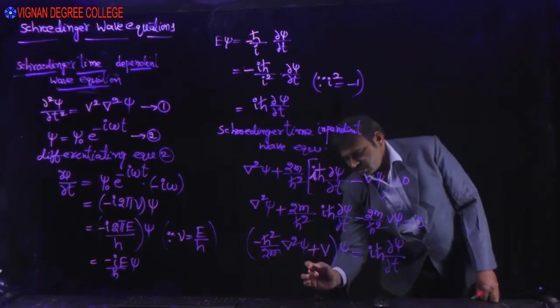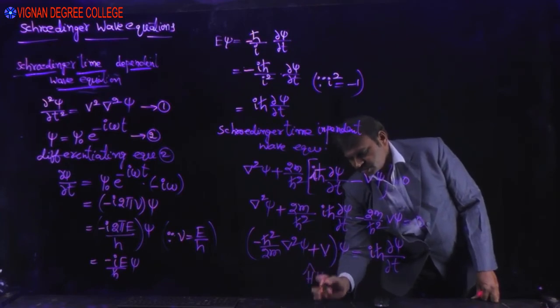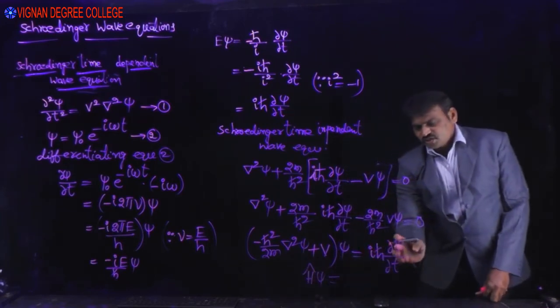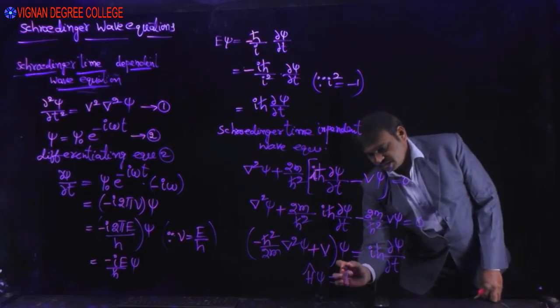This is the Hamiltonian operator Ĥ into ψ, and iħ ∂/∂t is the energy operator Ê into ψ.